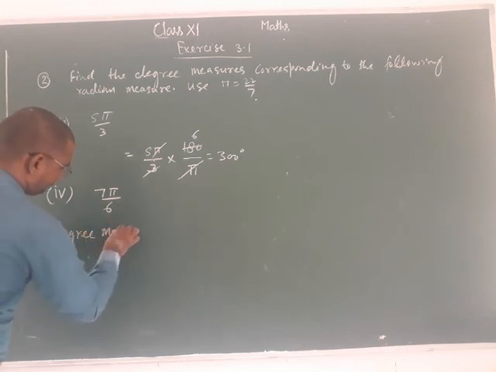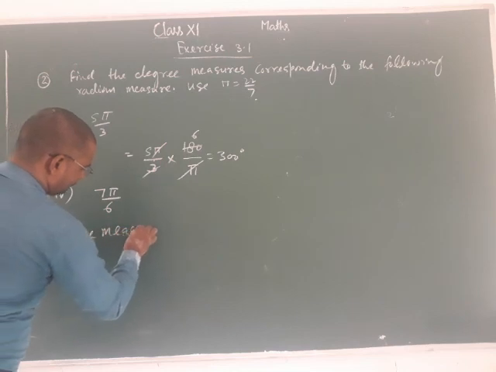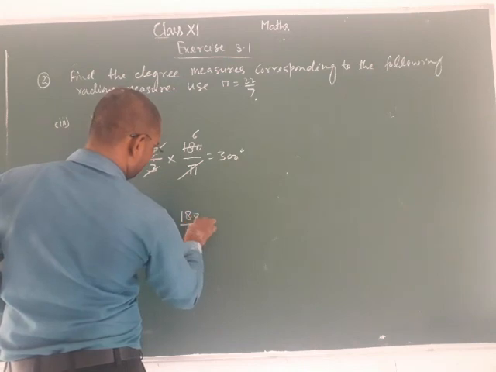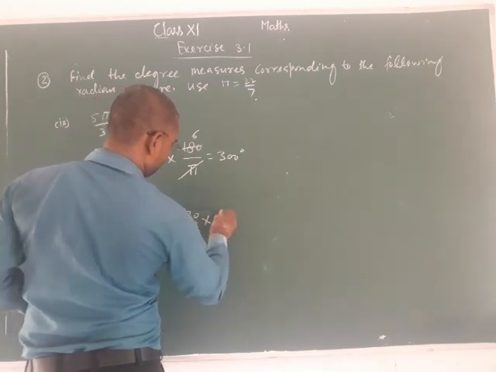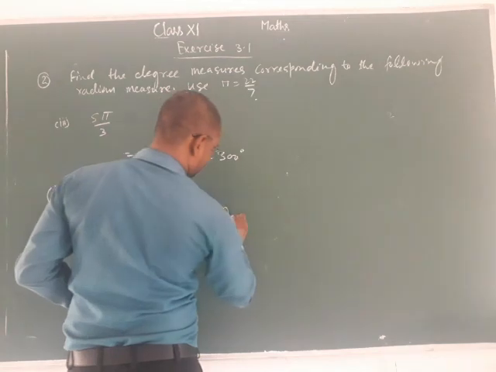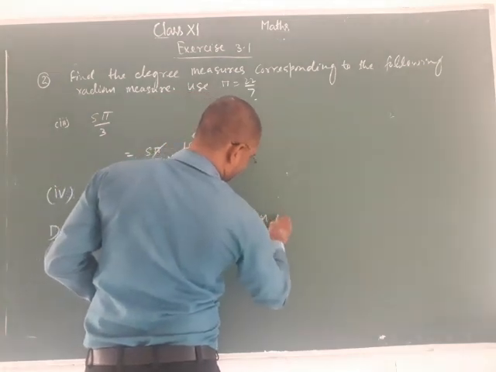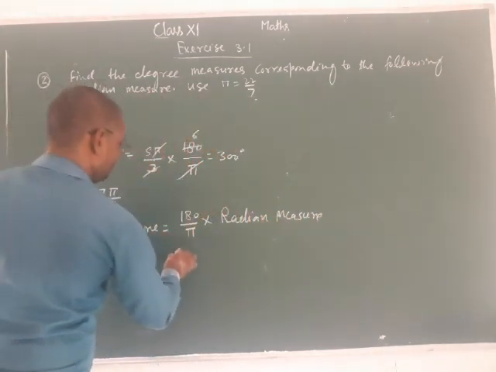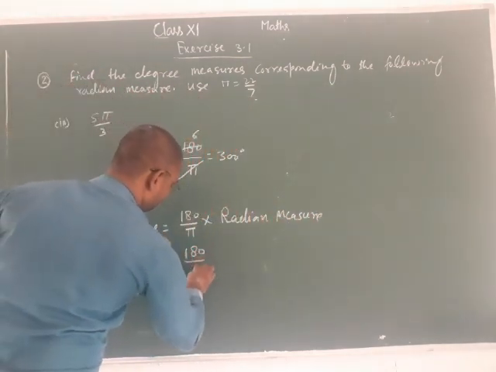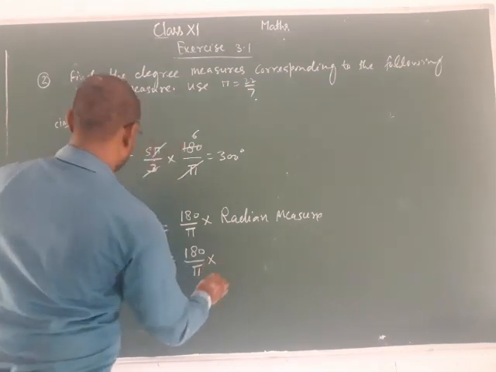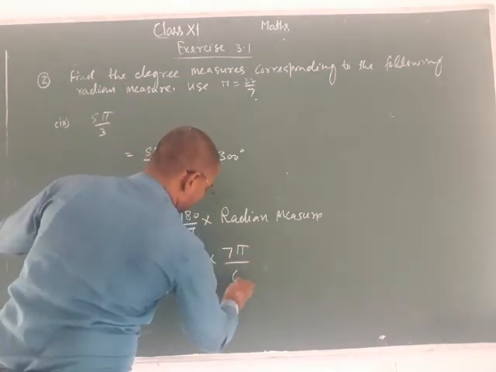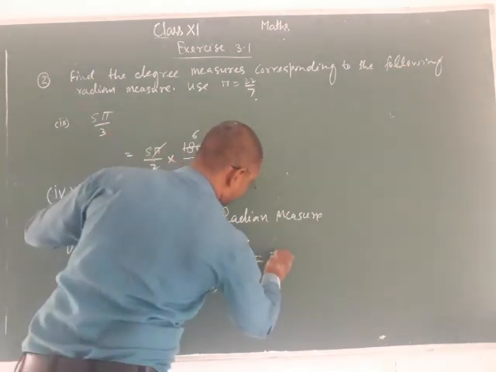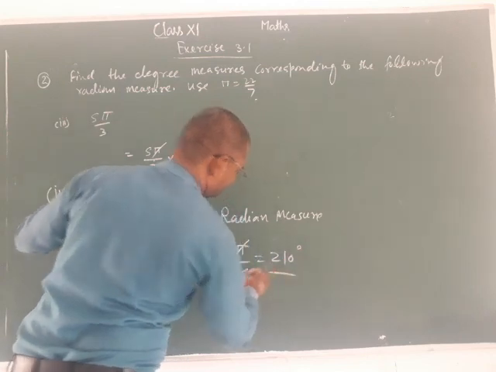Degree measure is equal to 180 upon pi into radian measure. So 180 upon pi into 7 pi upon 6, pi cancels, 6 into 30 is 210 degree.